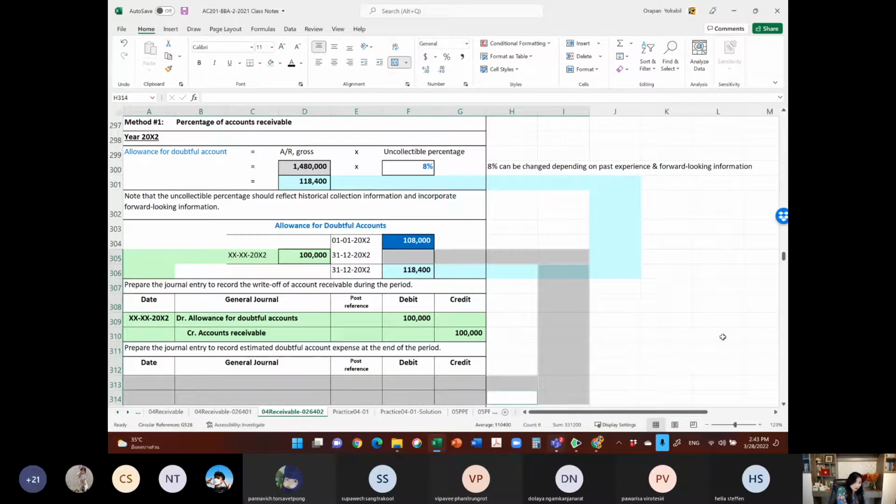Given that right now we have only 8,000, but at the end we want it to be 118,400. So how much more do we need? 110,400.